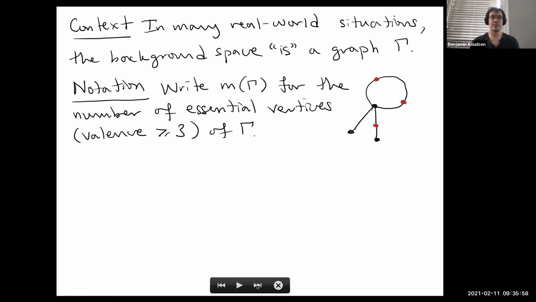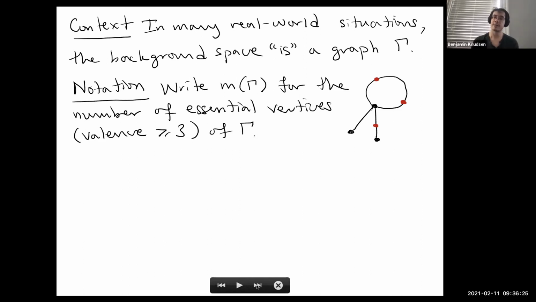All right, so as a piece of notation, I'm going to write m(Γ). This is Farber's notation, I believe, for the number of essential vertices of my graph. So an essential vertex for me is just a vertex of valence greater than or equal to 3. They are essential because they are topological features of the graph, and in fact, even isotopy invariant features of the graph.